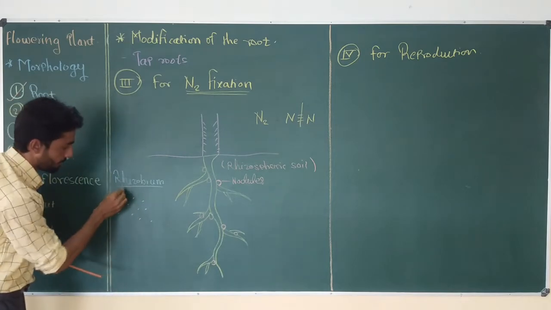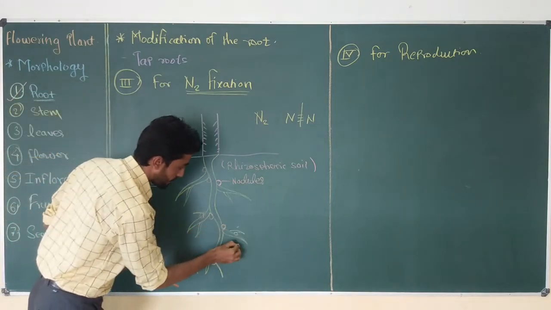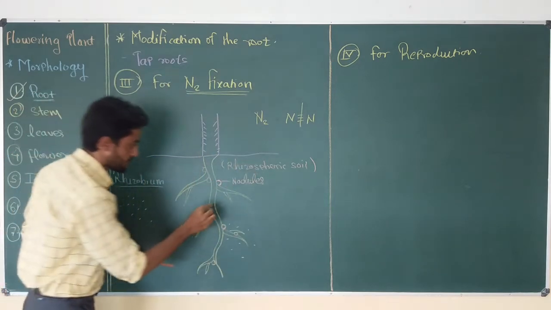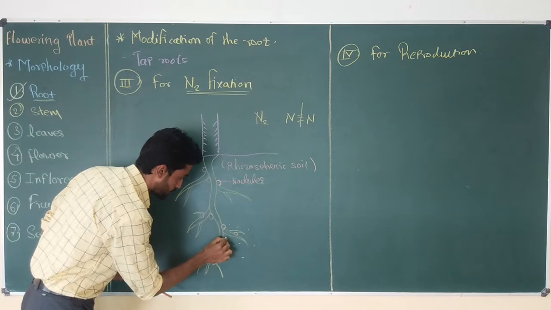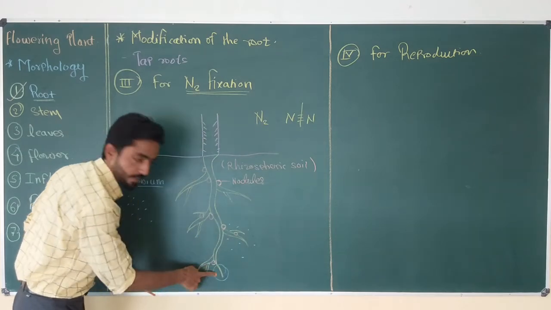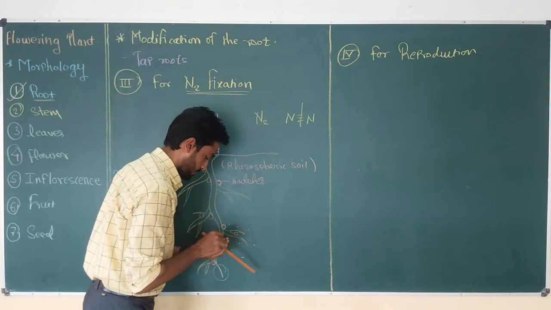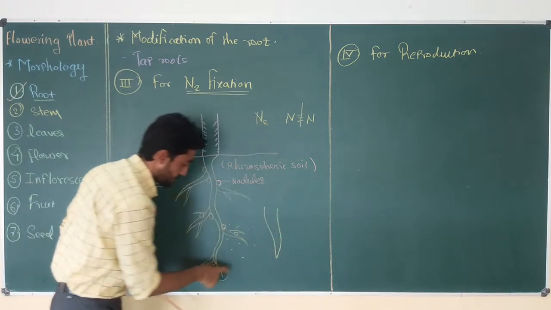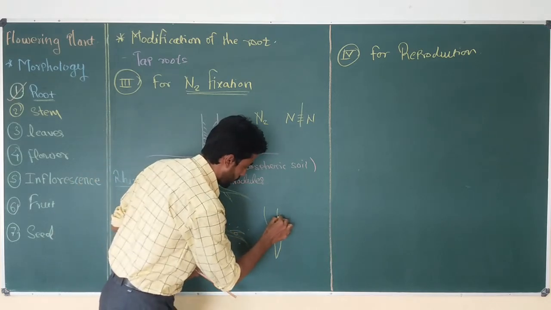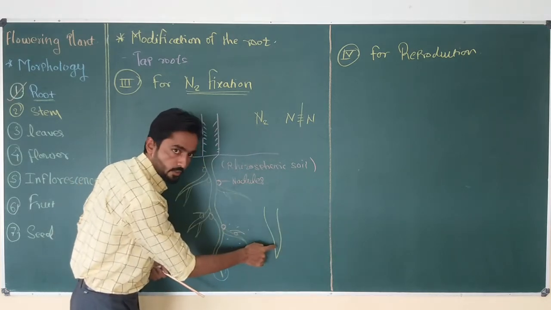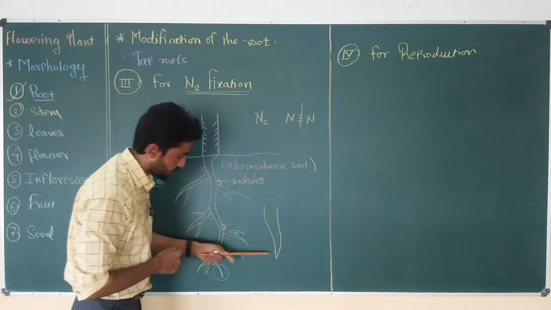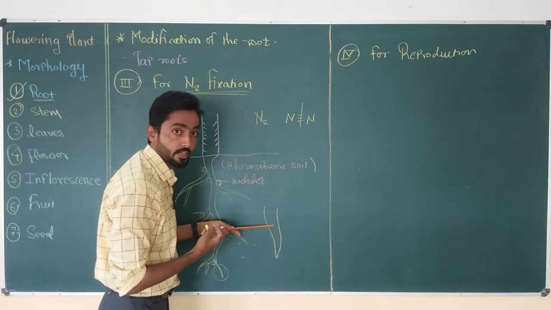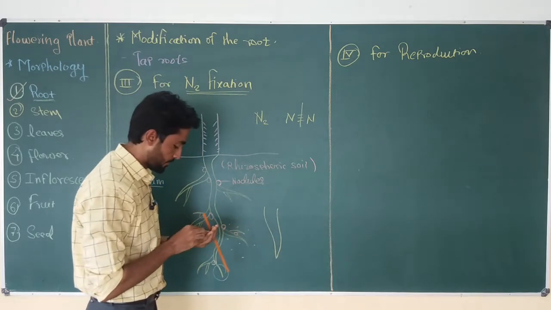So this rhizobium bacterium generally grows near the roots in the rhizospheric soil. Suppose I zoom in on this area of the root, the tip area. So you can see this is the tip of the root, and we know that different regions are present in the root, like the root cap region, cell division region, cell elongation region, and the root hair region, which is the fourth important region present in the root.